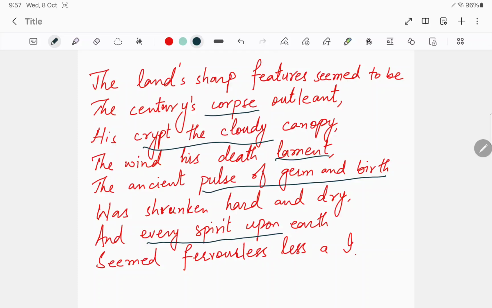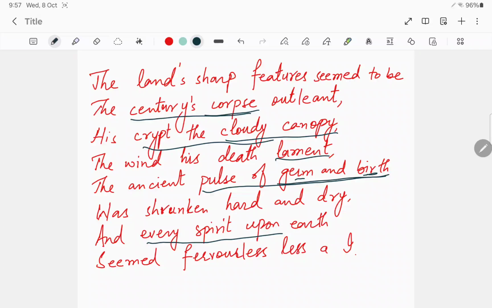And then the personification, again, the century is treated as a dead person. And again, we have the case of alliteration, like here, century's, corpse, and cloud, canopy, and germ and birth. So again, we see that there is a repetitive sound of consonants.